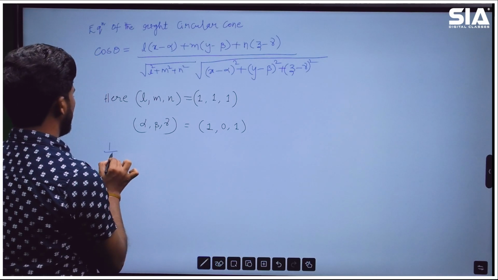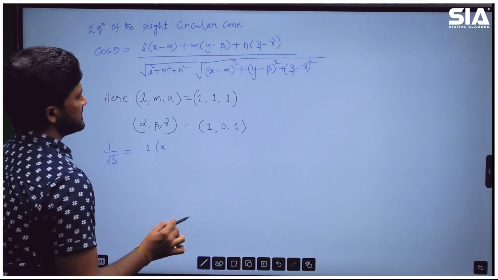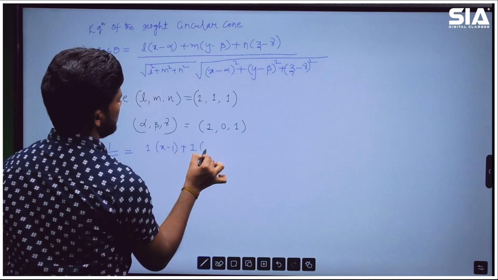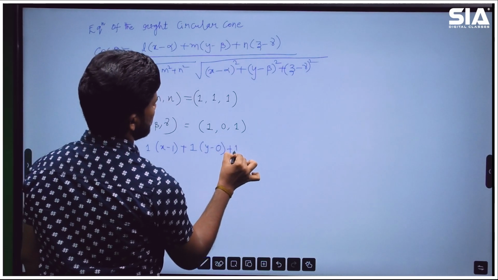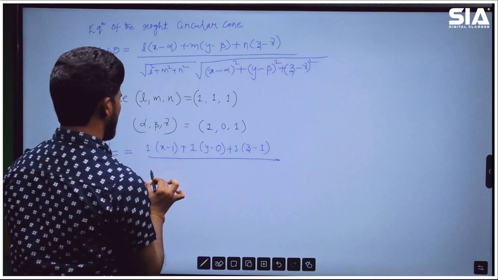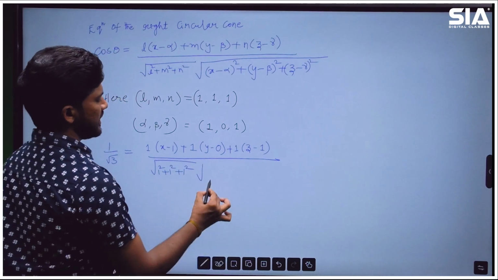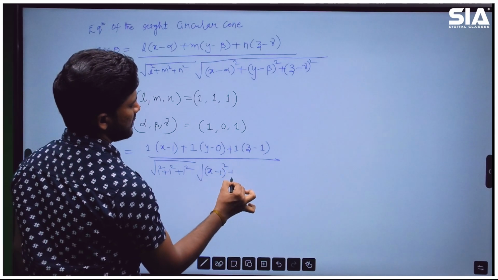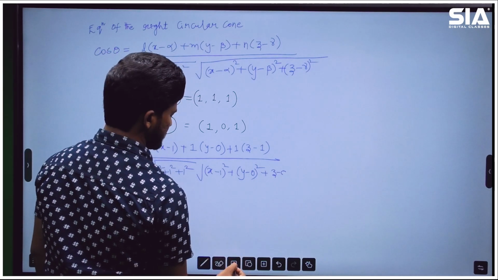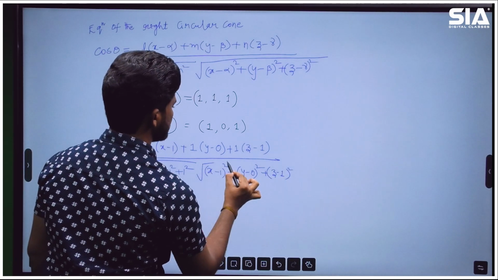Cos theta is equal to 1 by root 3. 1 by root 3 is equal to, L means 1 into (x minus alpha), x minus alpha means x minus 1, plus m into 1 into (y minus 0), plus n into 1 into (z minus gamma), by under root of 1 square plus 1 square plus 1 square, into under root of (x minus 1) whole square plus (y minus 0) whole square plus (z minus 1) whole square.